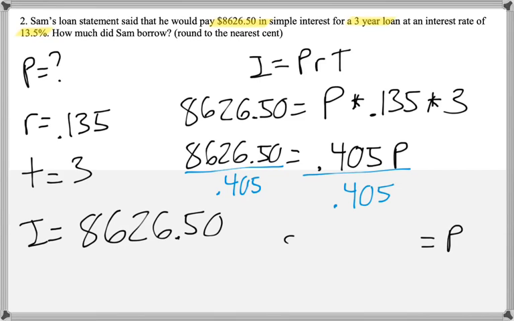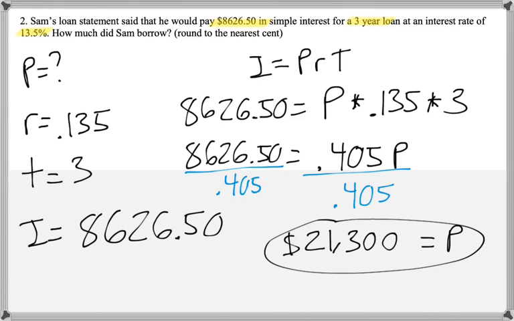So P is equal to $21,300. So that is how much Sam initially borrowed.